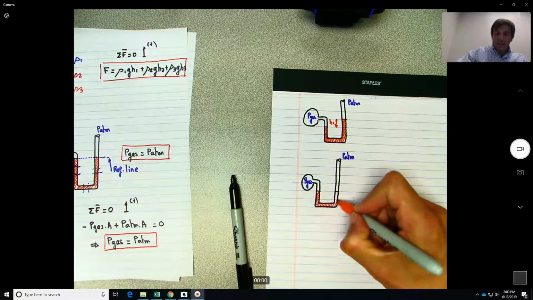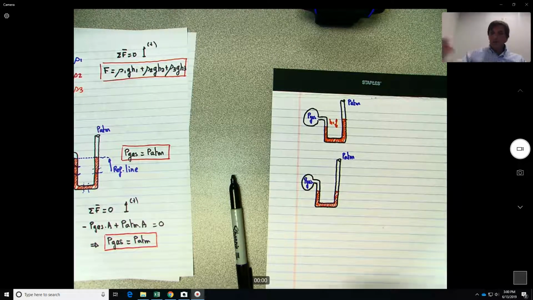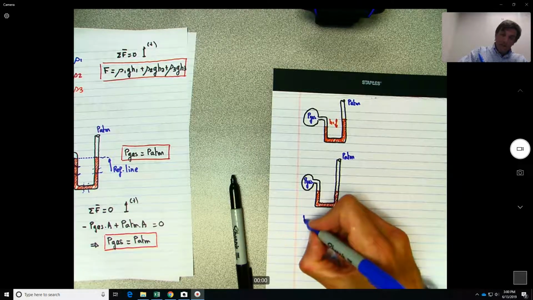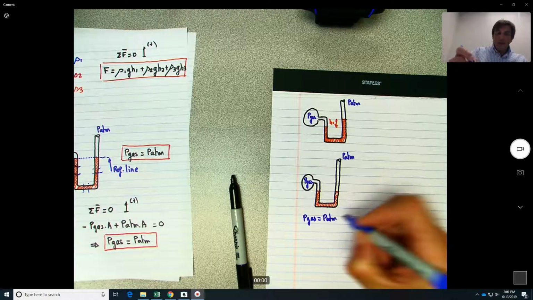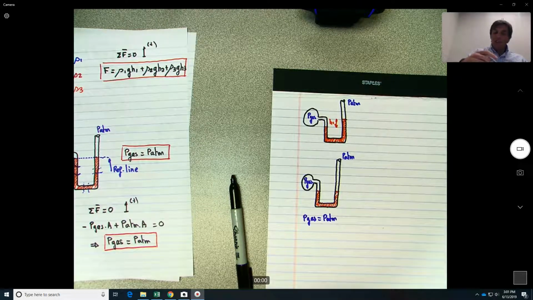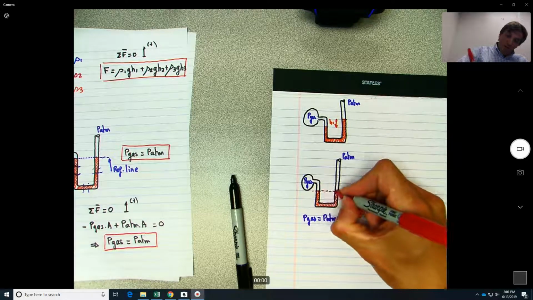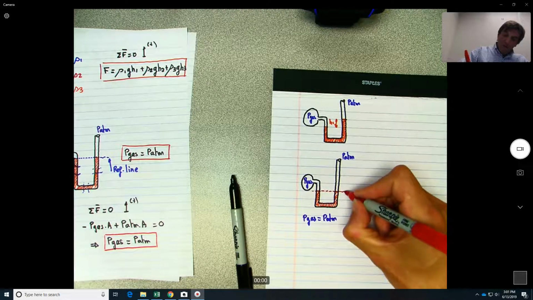So basically that P gas was equal to P atmosphere, and the reason of doing this is so that we can use this line over here as our reference line.